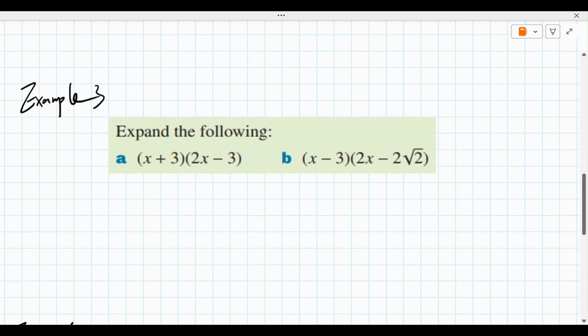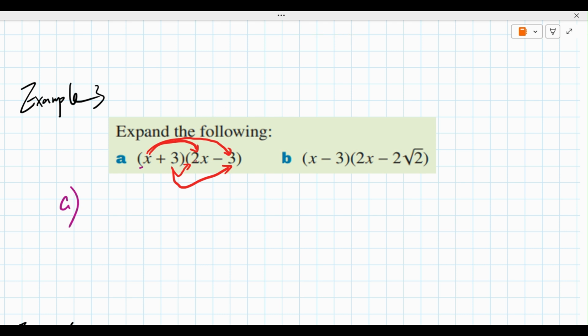Let's expand more, where we have two brackets. Now we have x plus 3 times 2x minus 3. For this question, we multiply each term of one bracket by each term of the other. For example, x times 2x, then x times minus 3, then plus 3 times 2x, and 3 times minus 3.